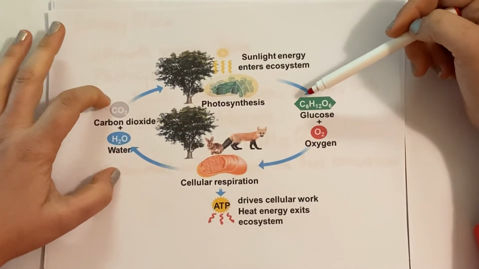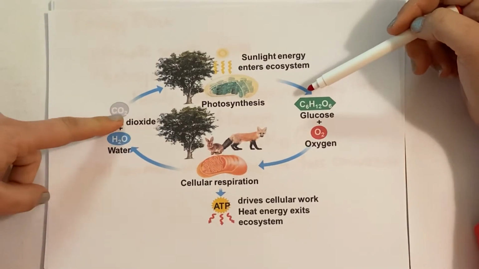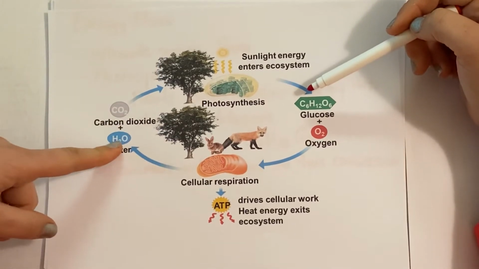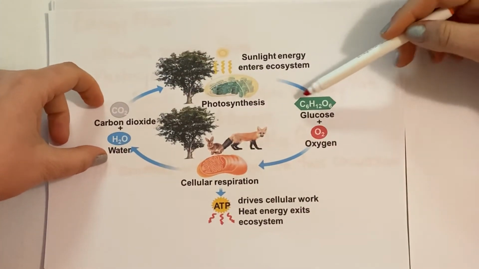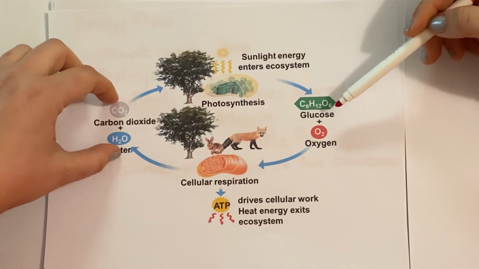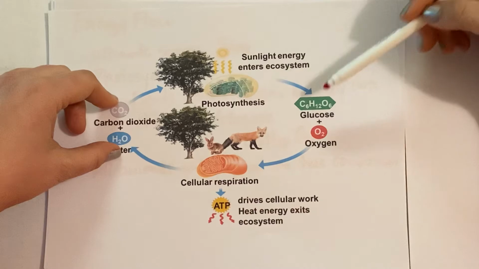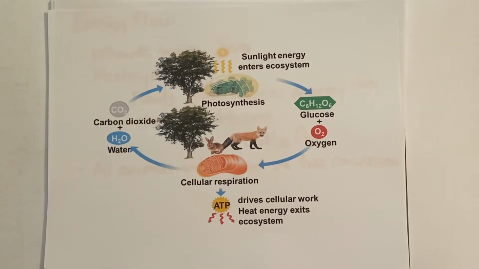These are going to be the starting products of photosynthesis. The carbons and oxygens from carbon dioxide, and the hydrogens and oxygens from water, are what's going to make glucose. You're going to see there's carbons, hydrogens, oxygens. These are arranged differently in order to produce glucose. So this is the process we're mainly talking about today.